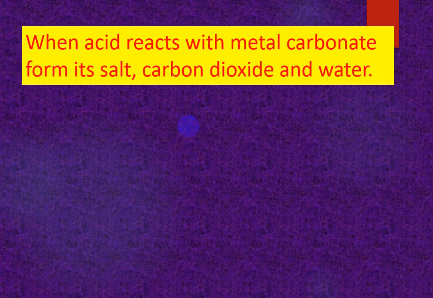When an acid reacts with a metal carbonate, it forms its salt, carbon dioxide and water. When acid reacts with metal carbonate, it forms salt, carbon dioxide and water.